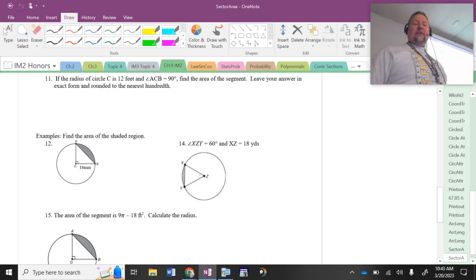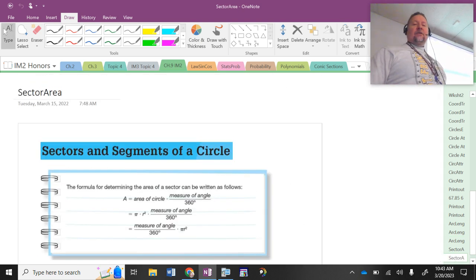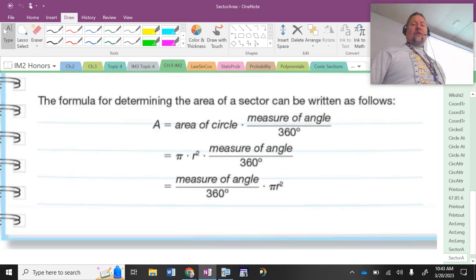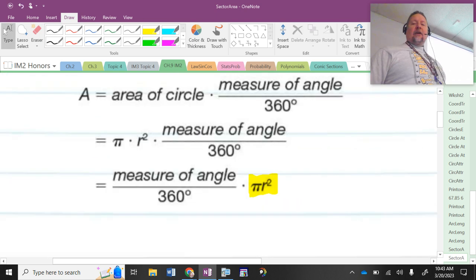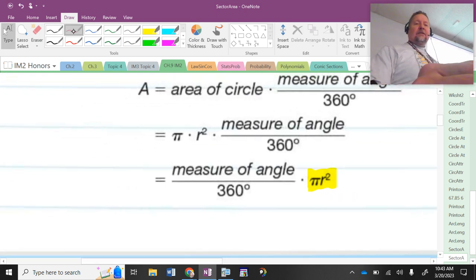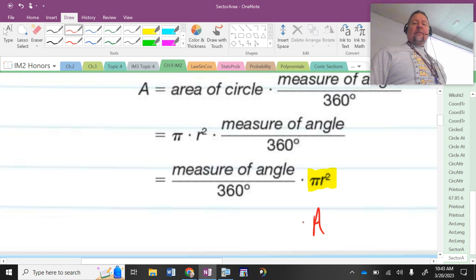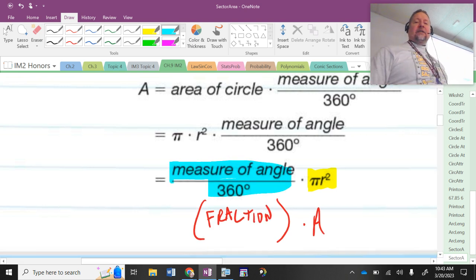Boom shakalaka. Okay, and then we're just going right to it. No extrapolation. Here is your area formula. That is pi r squared. And then this is the fraction of the circle. I'm just putting the word fraction here. This should be completely understandable.